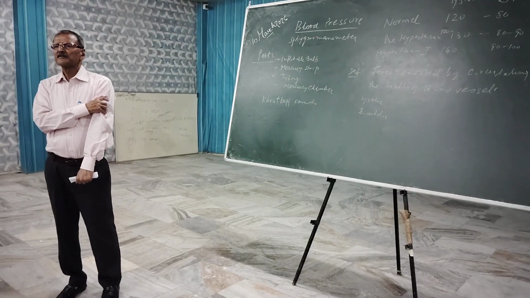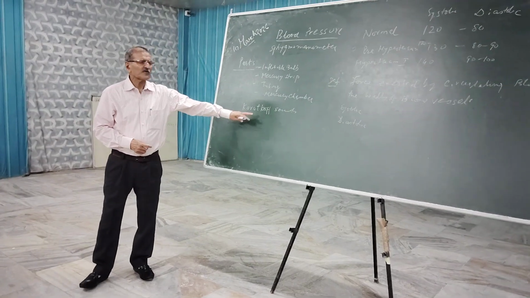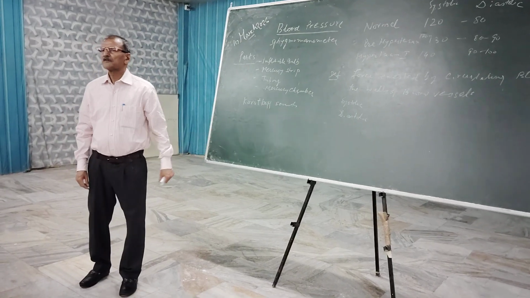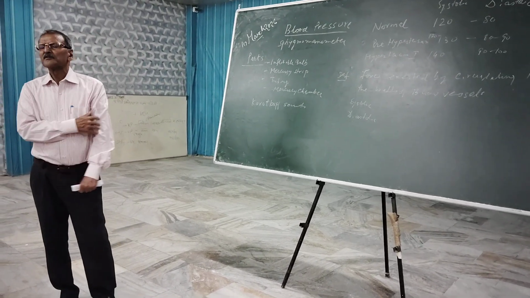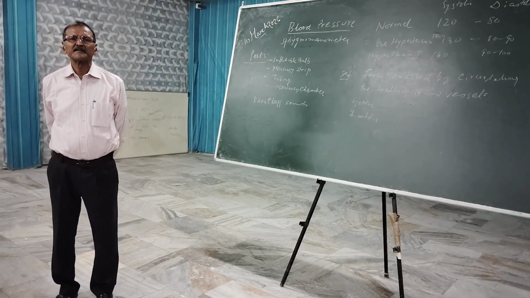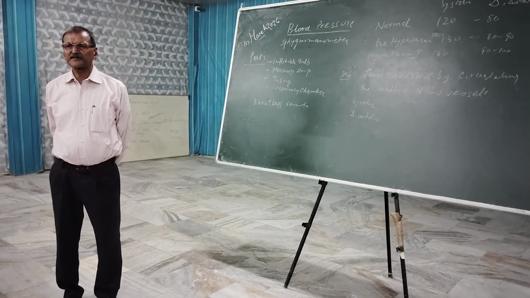Is it clear? Yes. So at that time what you hear is the Korotkoff sound. So that you will take as the first reading, that is the systolic blood pressure.